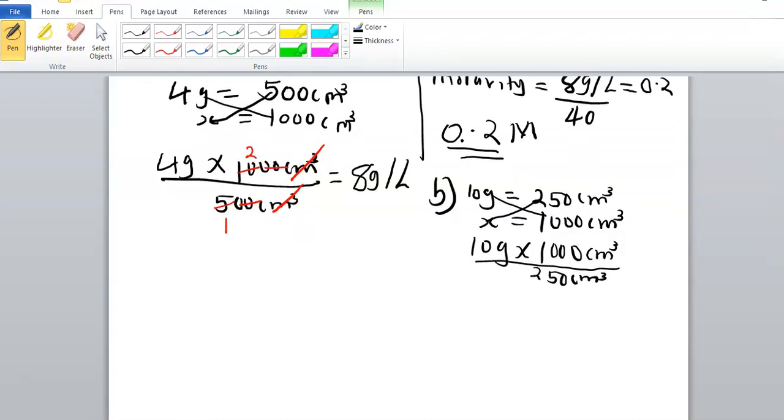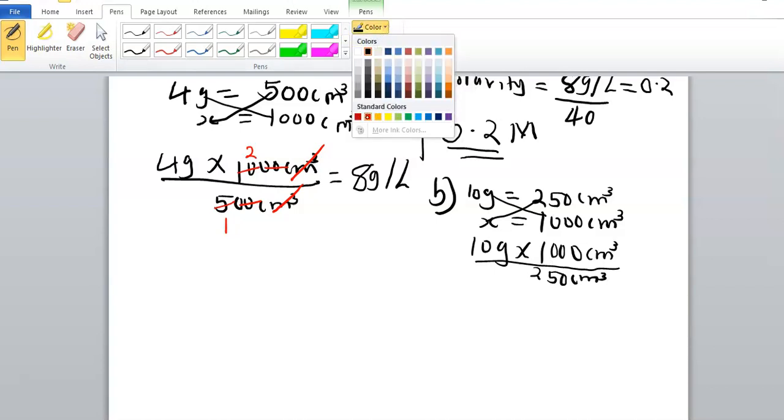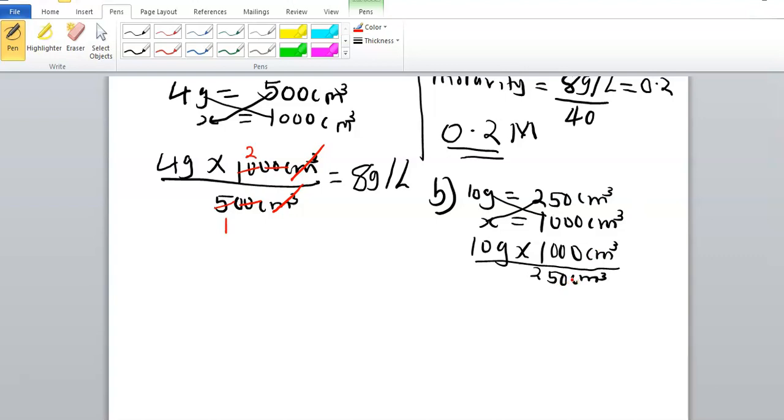Now in this section we divide, but let's do cancellation first before we divide. So we cancel centimeter cubic and centimeter cubic, 10 and 10. Then 5 by 5 is 1, and 10 divided by 5 is 2.